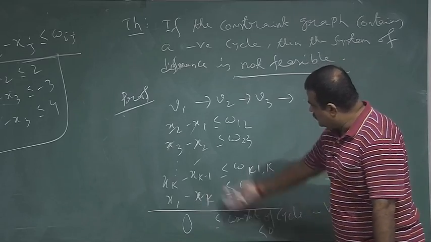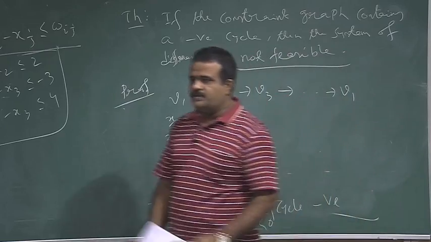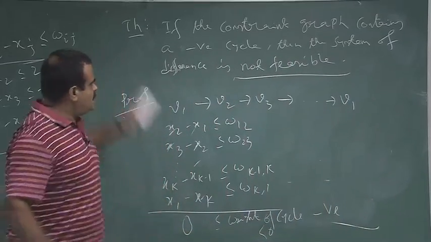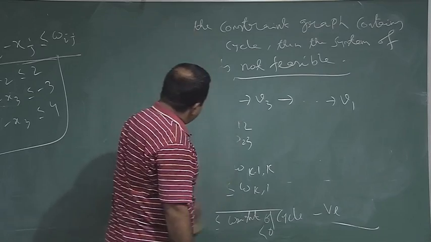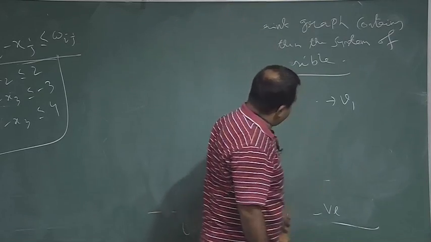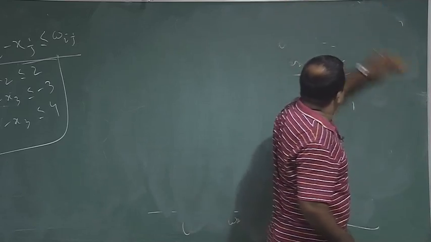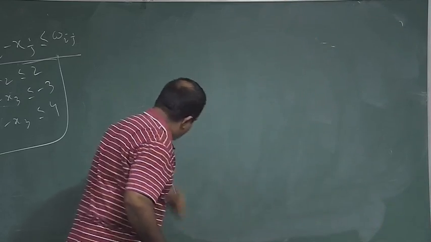This is the proof that if a graph has a negative cycle, then it does not have a solution. But the other way around, suppose there is no negative cycle, can we get the solution for this linear constraint system? Yes, that we will show.